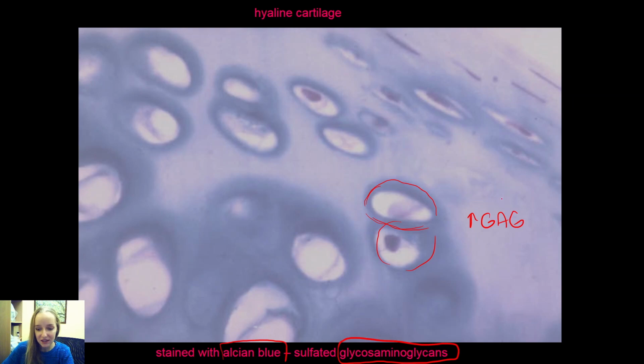So that's why it's stained very well with Alcian blue. So it's reversed from the previous slide when we used hematoxylin and eosin. The interterritorial matrix was darker. And here in Alcian blue staining, it's opposite because the interterritorial matrix is lighter because it contains a smaller amount of glycosaminoglycans. Yeah, so it's reversed, it's opposite.